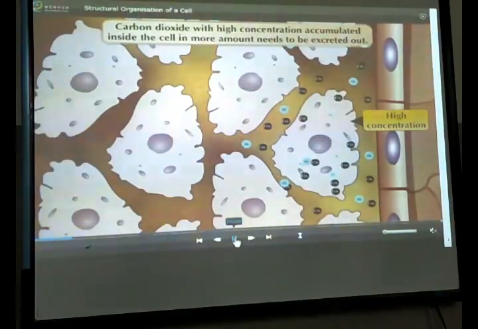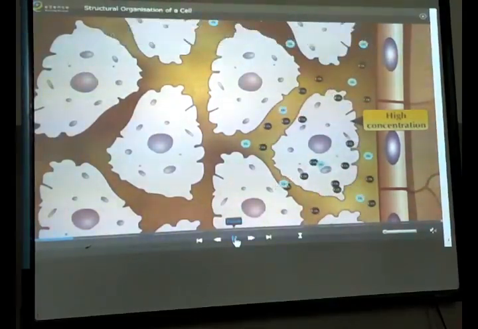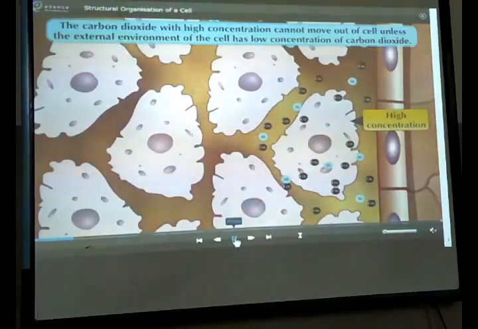So high concentration inside the cell pressurizes outside the cell, and then the cell membrane allows it to exit outside. So carbon dioxide with high concentration cannot move outside the cell unless the external environment of the cell has a low concentration of carbon dioxide.